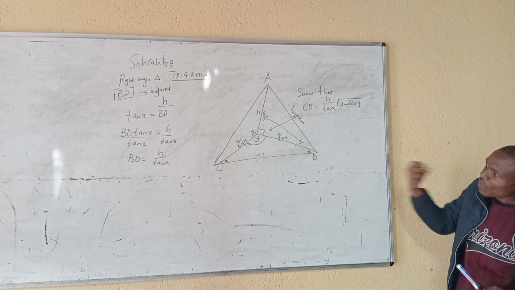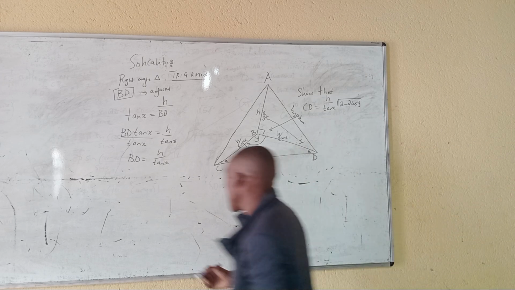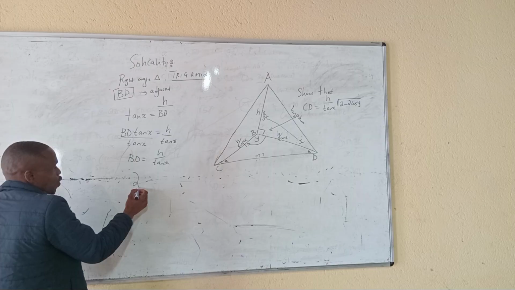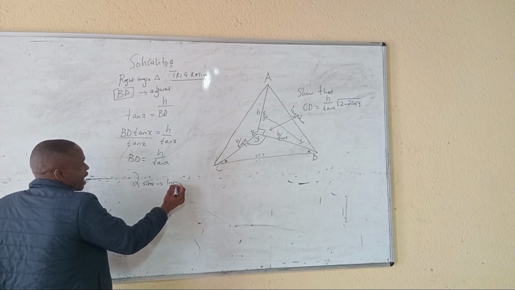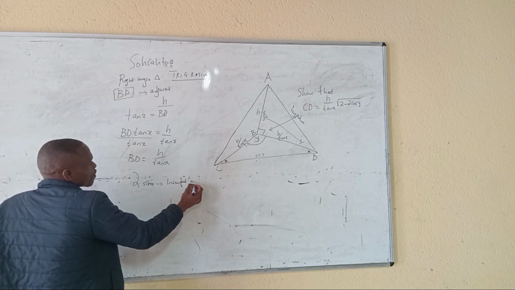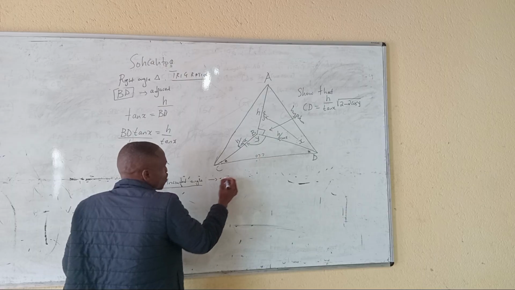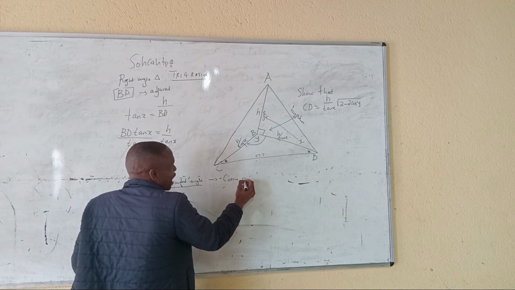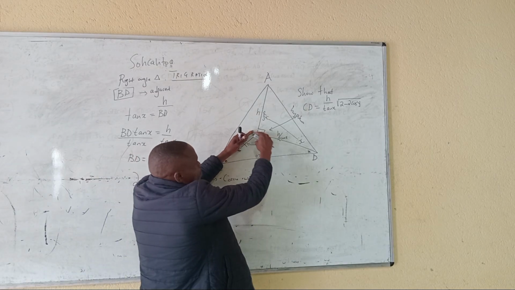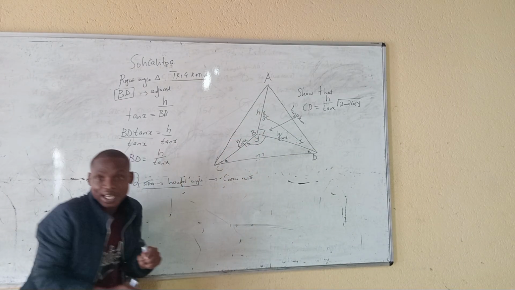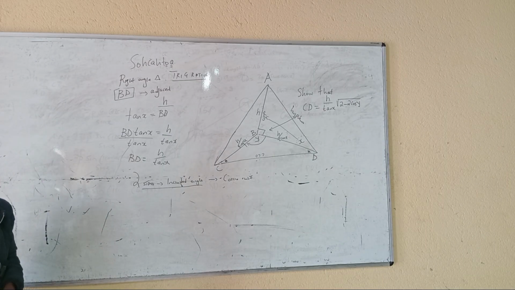Now, when you have the included angle, you use the cosine rule. If you have two sides and the included angle, to find the missing side, you use what we call the cosine rule.